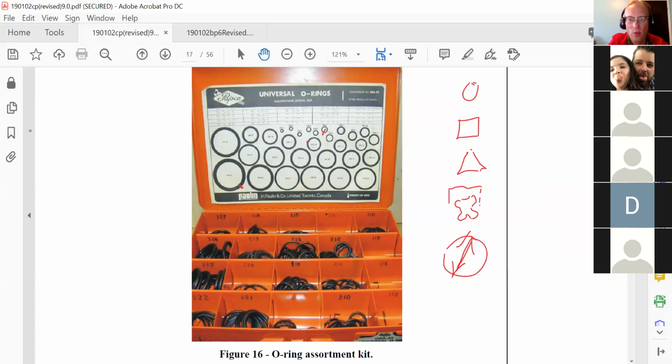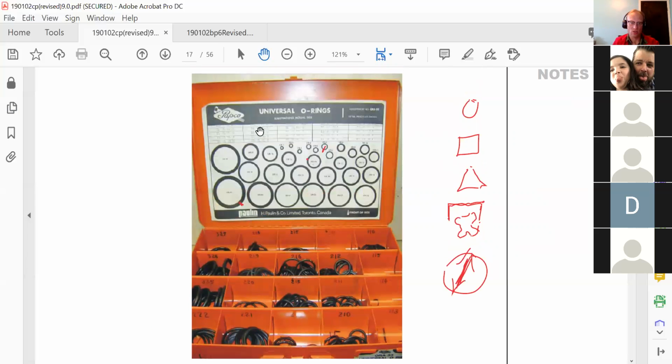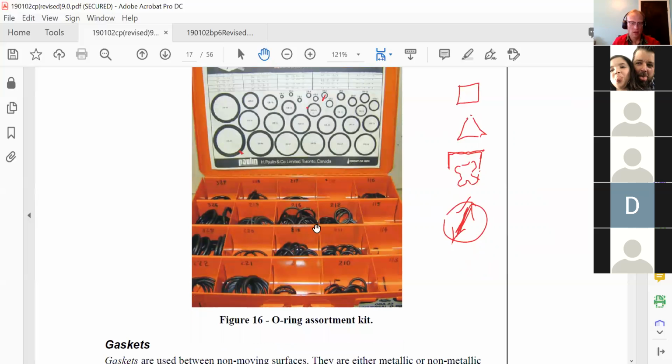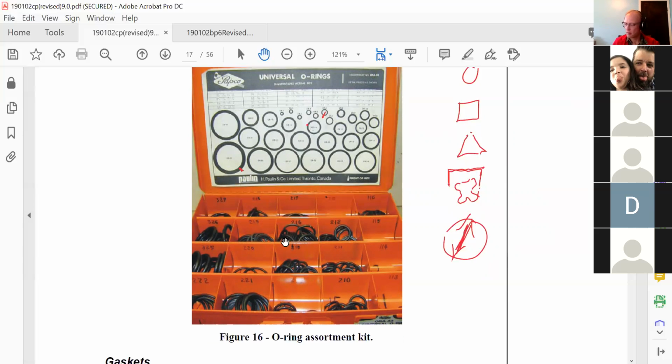So that's the 3 ways you can determine an O-ring: the type of cross section, the size of the cross section, and then its diameter. That's how you're going to size O-rings. The last important thing about O-rings, so this one's called the universal O-ring. I wouldn't put these O-rings in an air conditioning system. Why would that be?